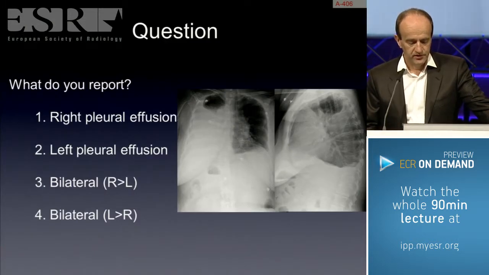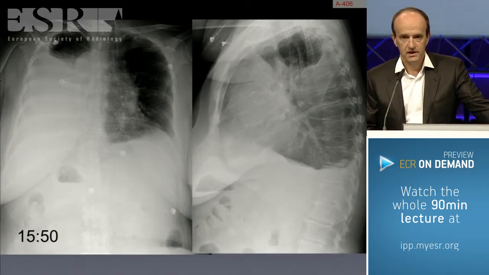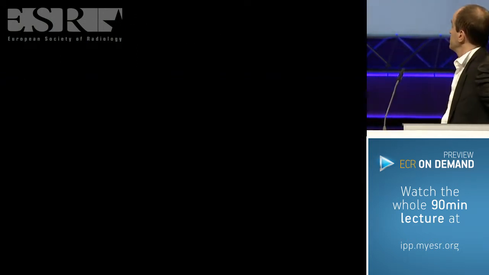What would you report? A right pleural effusion, a left pleural effusion, bilateral, right larger than left, or bilateral, left larger than right. A few seconds again, the radiographs. Please vote now.